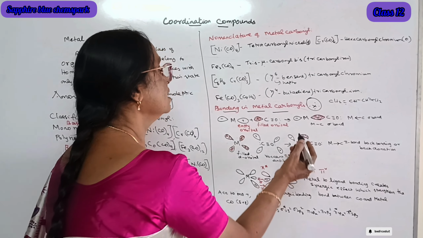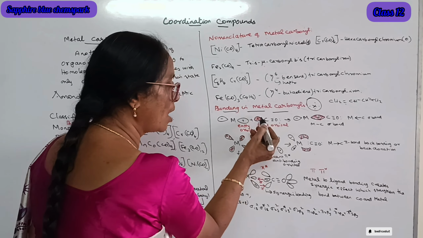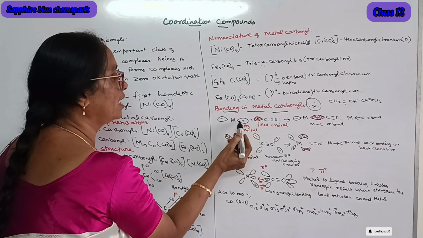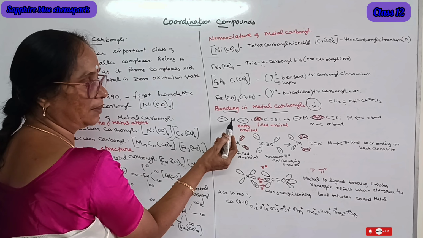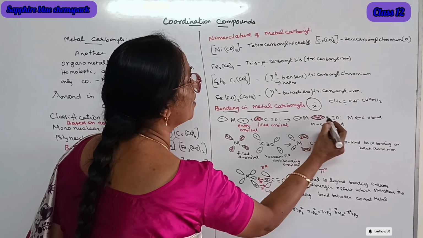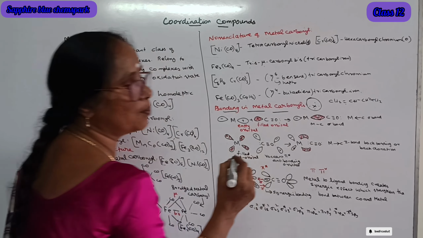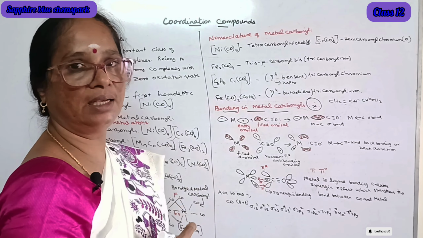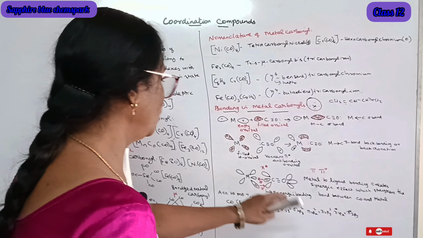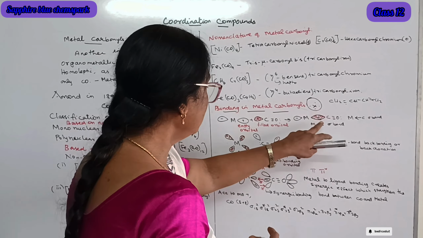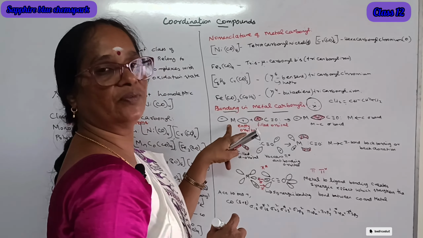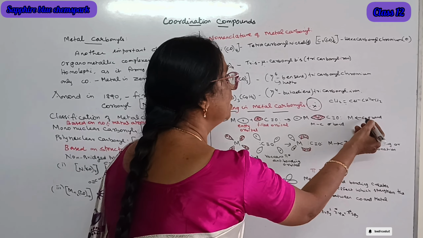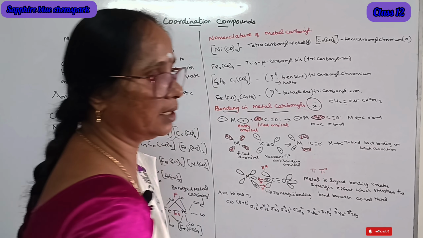And hence the filled orbital of carbon donates electrons to the empty vacant orbital of the metal atom, and hence it forms the metal carbon sigma bond through axial overlapping or head-on overlapping. So the 2 electrons present in the carbon are donated to the vacant orbital of the metal, forming the carbon to metal sigma bond.